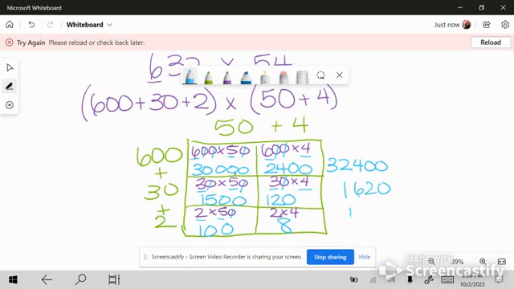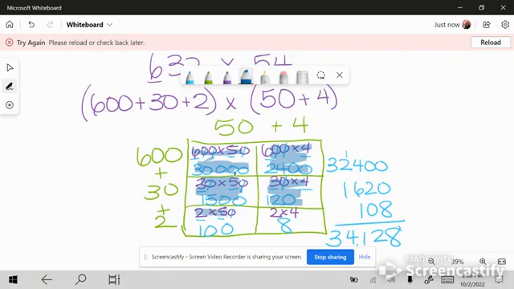And then for the last one, we have 108. So you will find the sum of all those numbers, and that is your final product. So each of these written in blue inside of our box here, these are individual partial products. So they are just a tiny piece of the total.